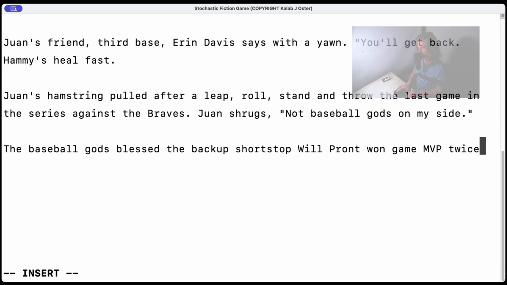Twice. Leading in. Hitting for, let's say, hitting 500. Getting 6 runs batted in.